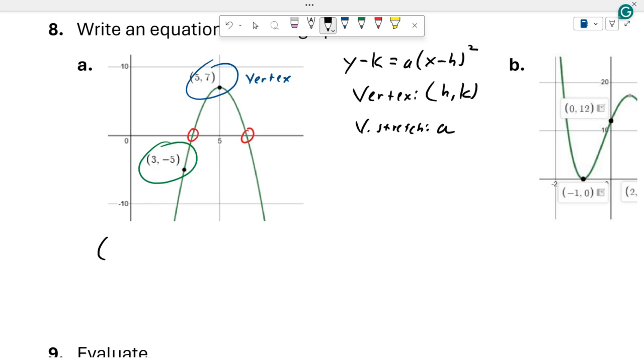So all I really need here are 3 numbers. I need h, I need k, and I need a, and I'm basically done. If I'm looking for h comma k here, h is the x coordinate of my vertex, which they tell us is 5.